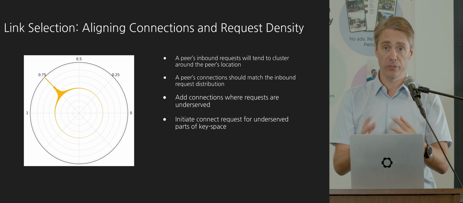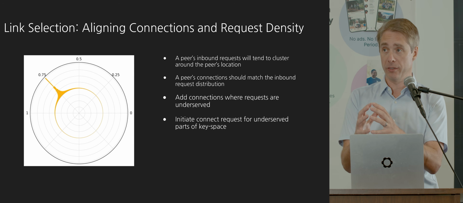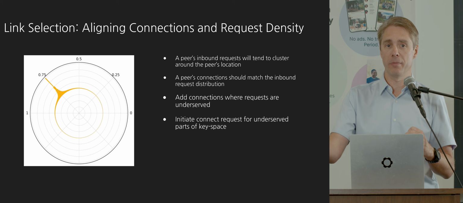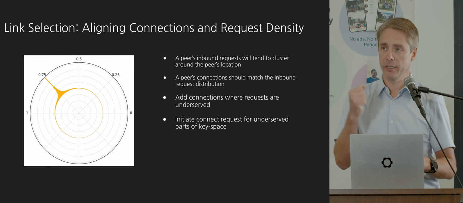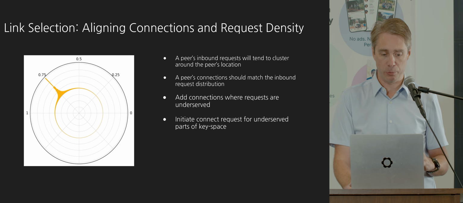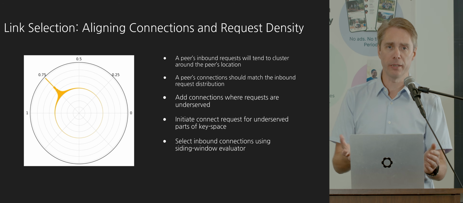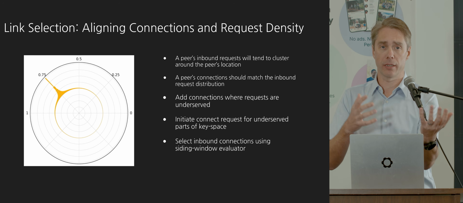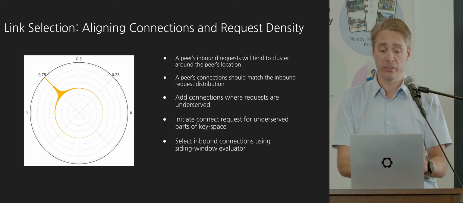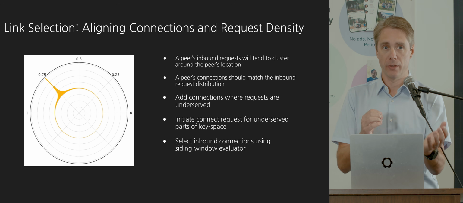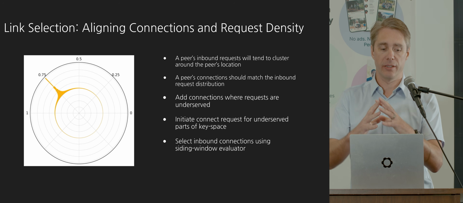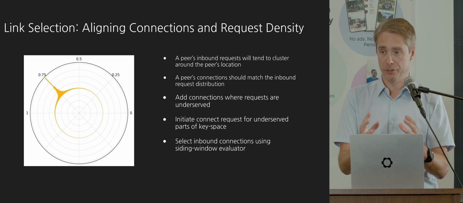Firstly, if it notices that it's getting a lot of requests in a certain part of its key space and doesn't have many neighbors in that space, it will initiate a connect request targeting that part of the key space. Secondly, peers are constantly receiving connection requests from other peers, and they will decide whether or not to accept a connection request based upon whether the connecting peer is in a part of the key space that is underserved.